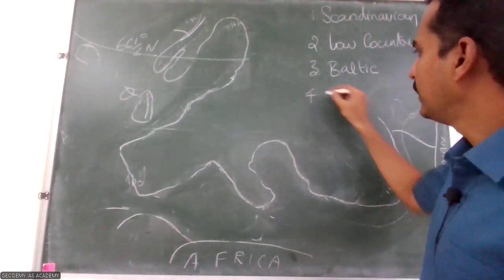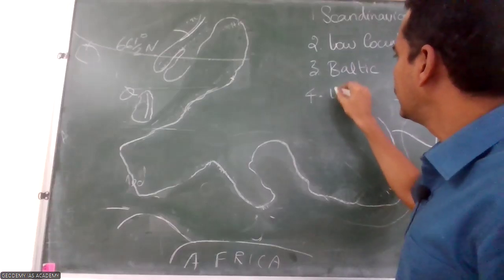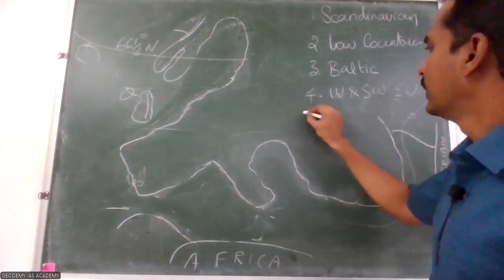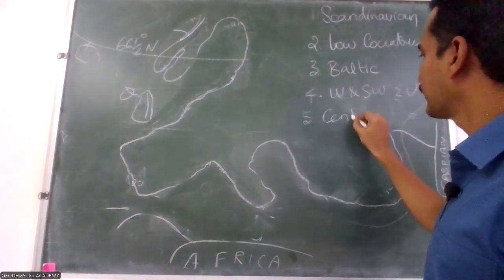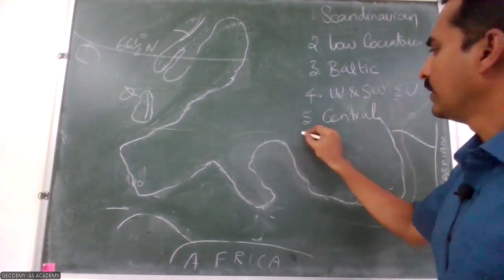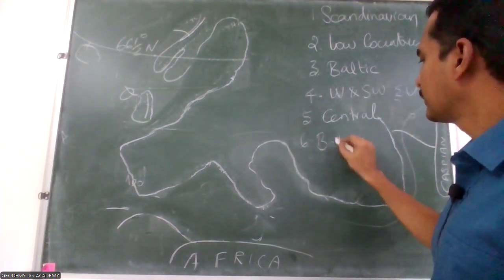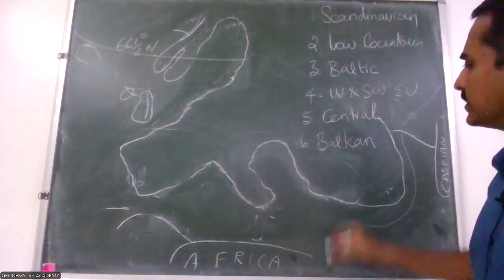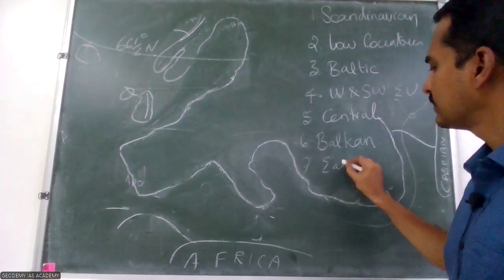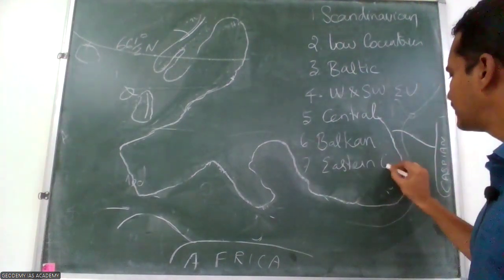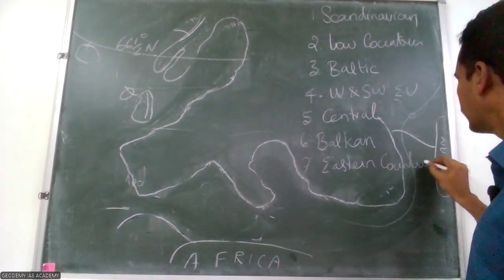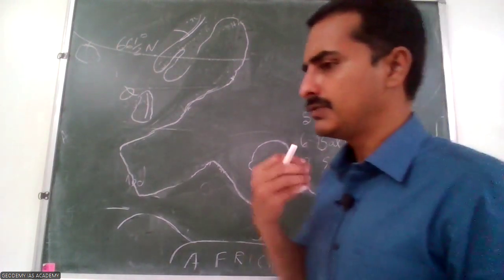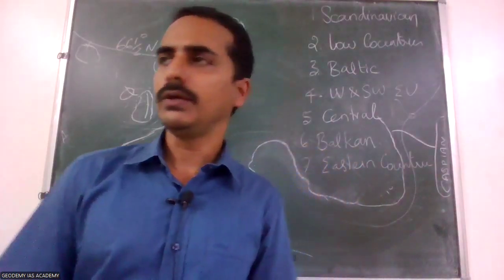Otherwise, you can remember West and Southwest European countries, then Central European countries, then Balkan countries, and then some Eastern countries. If you split the countries like this, you can remember all of them. At least you should know the important countries in the European region.